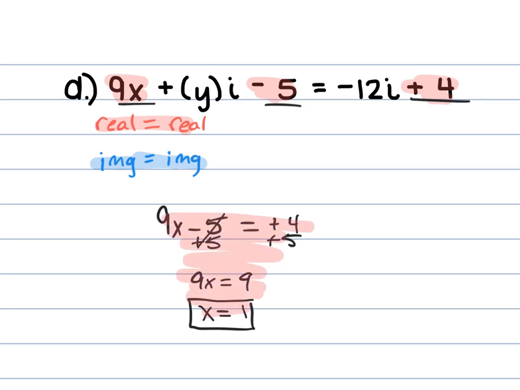Real is equal to real, and imaginary is equal to imaginary. Let's deal with the imaginary. What are the imaginary numbers up there? So we get y times i is equal to negative 12i.